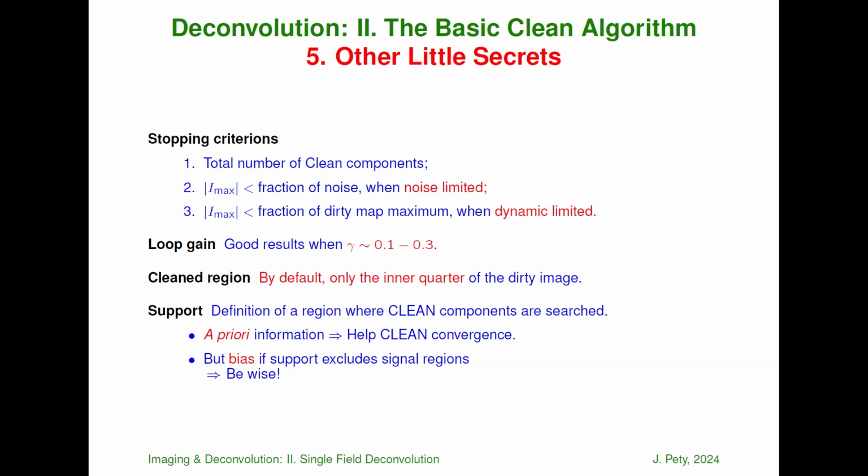Another secret is that by default, we are only cleaning the inner quarter of the dirty image, at least for a single pointing image. And finally, you can define a support, a mask in your image, saying, okay, I will help you, and you should search for the next clean component inside a region that I define myself.